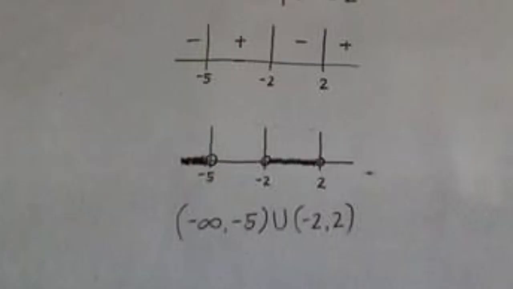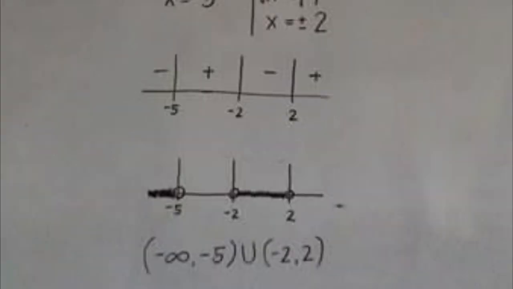In this case, you can choose x is equal to negative 6, which results in negative 0.031, and x is equal to negative 3, which results in 0.4, and x is equal to 0, which results in negative 1.25, and x is equal to 3, which results in 1.6.